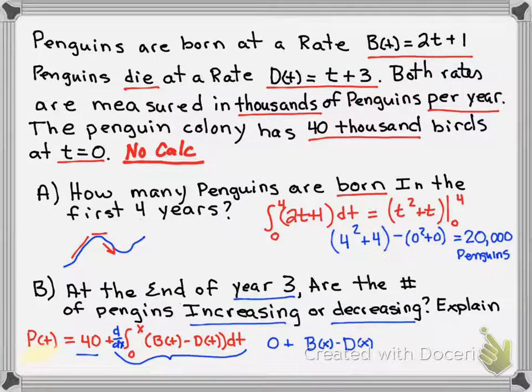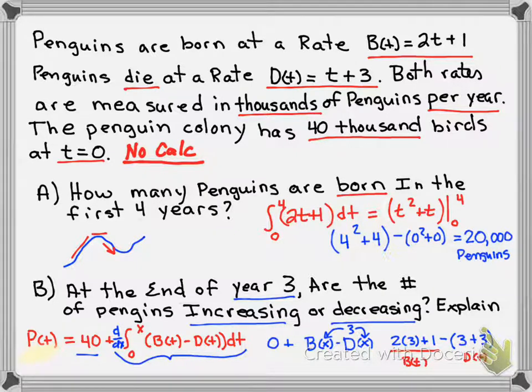And so I'm going to plug in 3 into both equations, and so we have 2 times 3 plus 1 minus 3 plus 3. This is our birth rate, and this is our death rate.